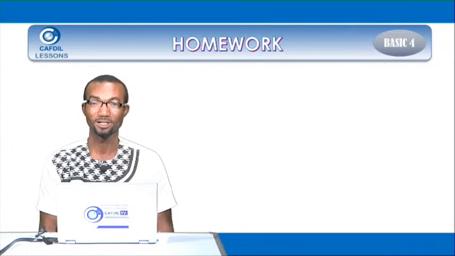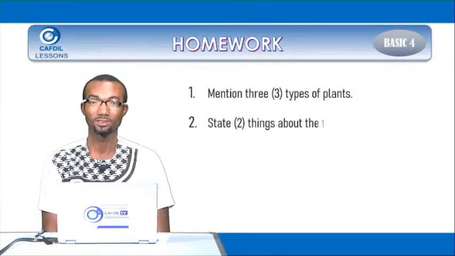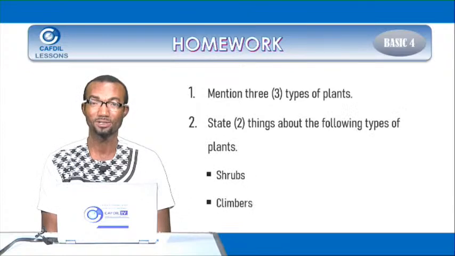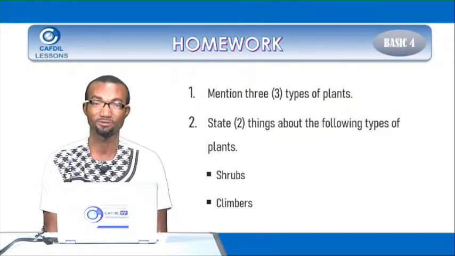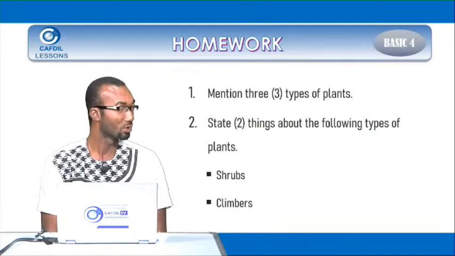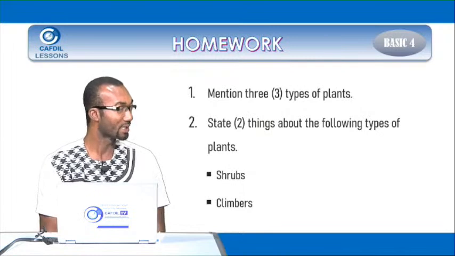Now, we have gradually come to the end of the lesson on types of plants. Okay, so let's take this homework home. 1. Mention 3 types of plants. We have talked about 5, so you mention 3 types. And then 2, you state 2 things about the following types of plants.